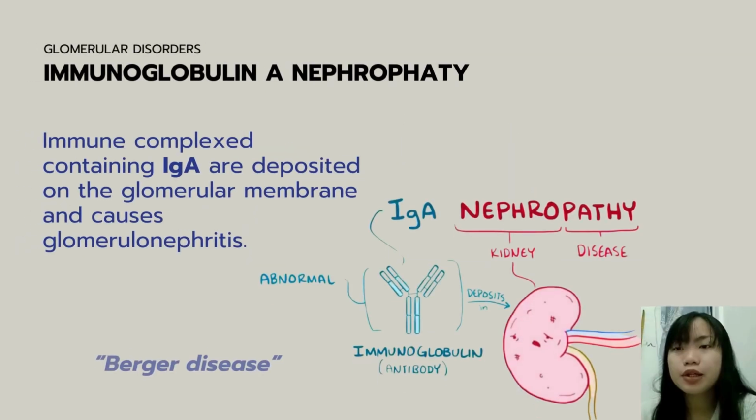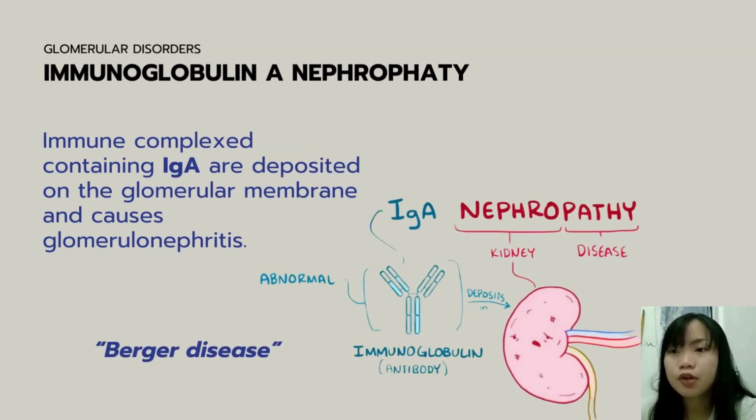For immunoglobulin A nephropathy, immune complex containing IgA are deposited on the glomerular membrane and causes glomerulonephritis. So, as we discussed nga earlier, yung mga immune complexes natin ay na-deposit sa ating glomerulus and nagkakaroon ng damage and changes sa glomerulus and nagkakaroon ng blockage sa filtrate natin.